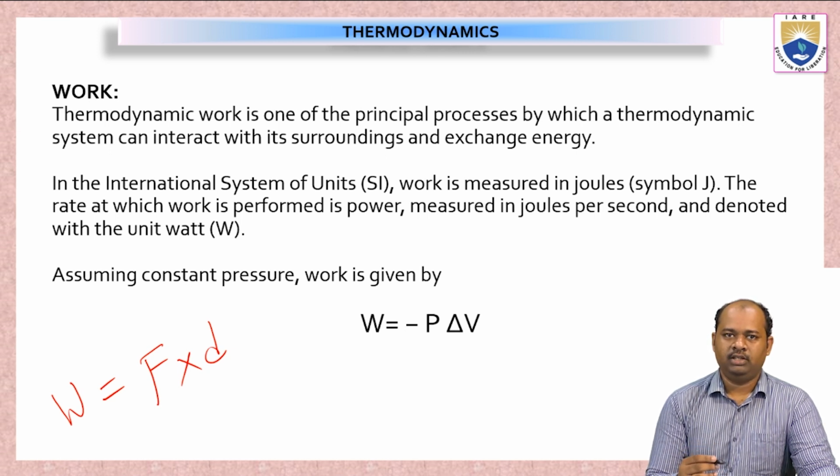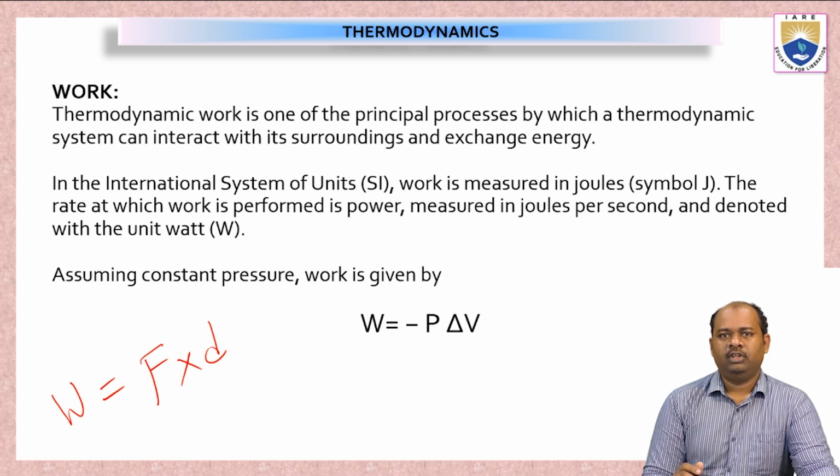Here we will consider temperature, pressure, volume, etc. Now the formula for work in thermodynamics is W is equal to minus P delta V. Here the negative sign indicates work done on the system. If it is a positive sign, it will be the work done by the system.